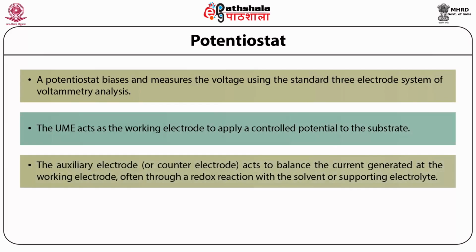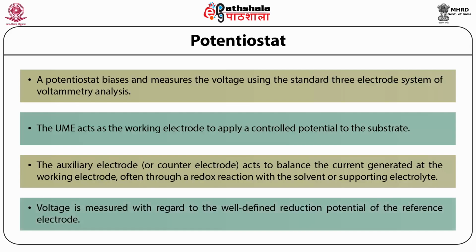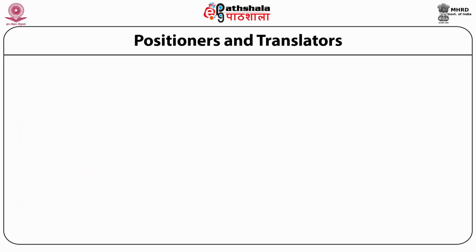The auxiliary electrode acts to balance the current generated at the working electrode, often through a redox reaction with the solvent or supporting electrolyte. Voltage is measured with regard to the well-defined reduction potential of the reference electrode.